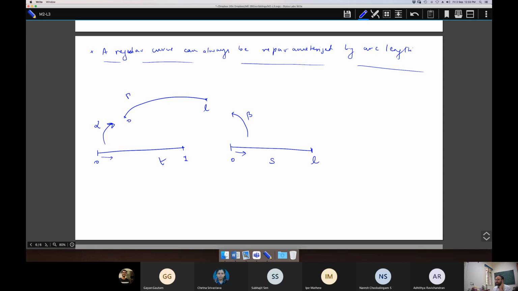That means if you walk a distance of 1 mile here, you will walk a distance of 1 mile here. If you walk a distance of one unit here, you may or may not walk 1 unit here, right? So it's saying that given any plane curve which is regular, that means the derivative doesn't vanish, mod alpha prime does not become 0, then for all practical purposes, you can re-express this parameterization in terms of arc length.